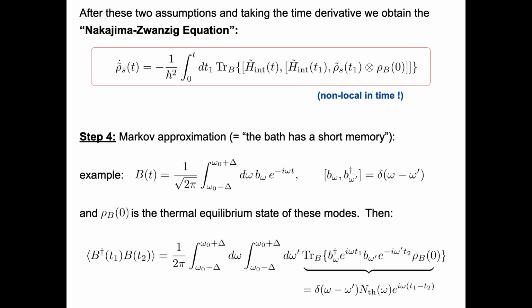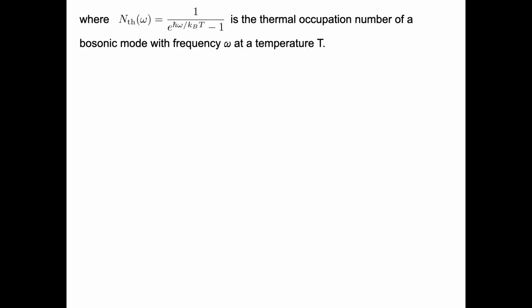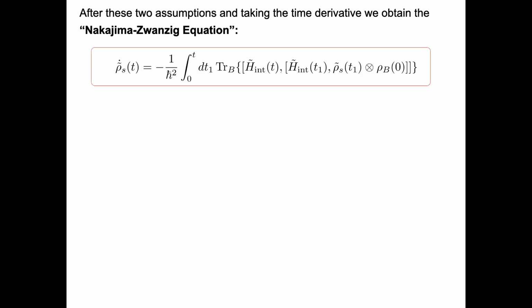Okay, so let's put together what we know so far. We haven't evaluated this full double commutator because it's a little bit messy, but in this whole expression there will always be these correlation functions popping up, and these correlation functions will essentially have a delta function in t minus t1, so at least a very sharp function.